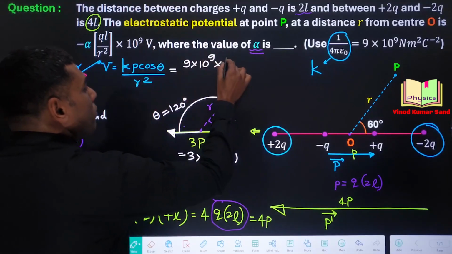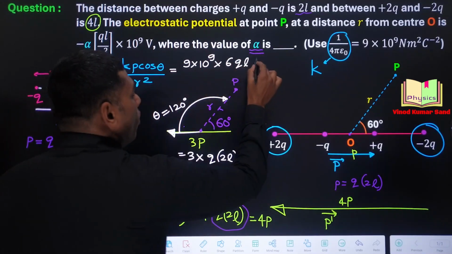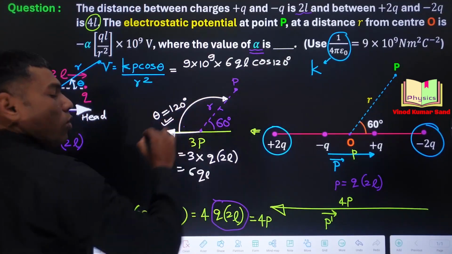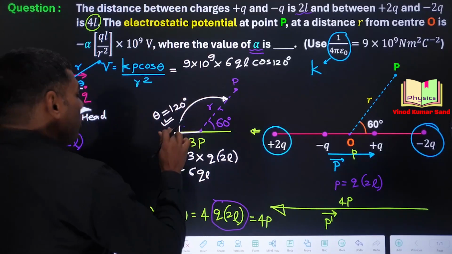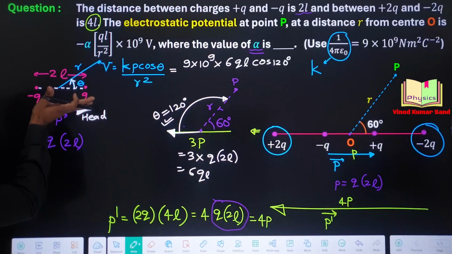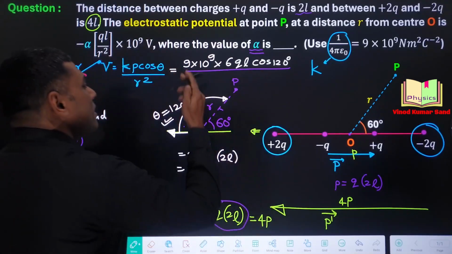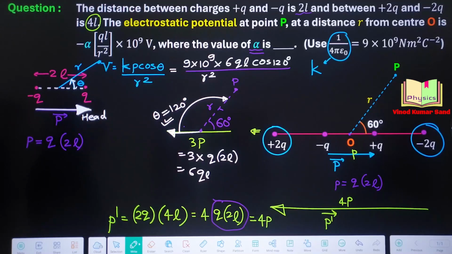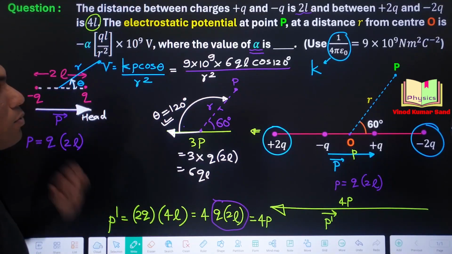So at the place of P, we will put 6QL. Then cos 120 degree. This would be the angle useful for us because the P vector's head is in this direction. From the head of that P vector, we consider the angle, divided by the distance, which is R only, so R square. Agree with that? Let us simplify and match it with this given format.